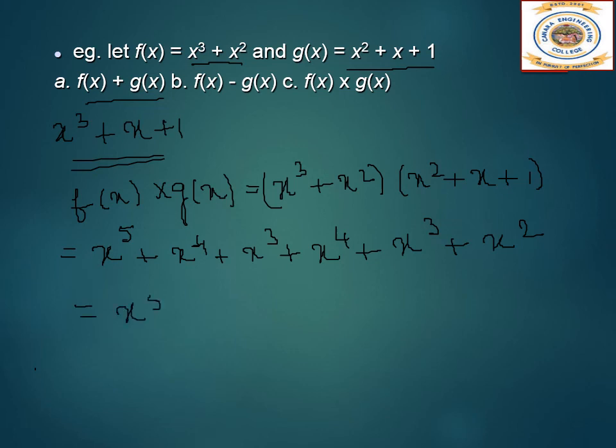X to the power 5. X to the power 4 and x to the power 4, I get 2x to the power 4. So 2 mod 2 is 0, so this and this will get cancelled out. X cube plus x cube is 2x cube. 2 mod 2 is again 0, so this is not there. So x to the power 5 plus x to the power 4 plus x square will be the result for the multiplication. So this is how we do the addition and multiplication over mod 2, or over GF(2).